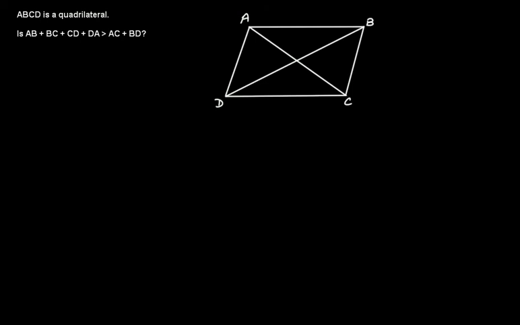What you have to do is first look at this triangle BCD. First focus on this triangle. From triangle BCD, you can say that BC plus CD is greater than BD. This is the first one.